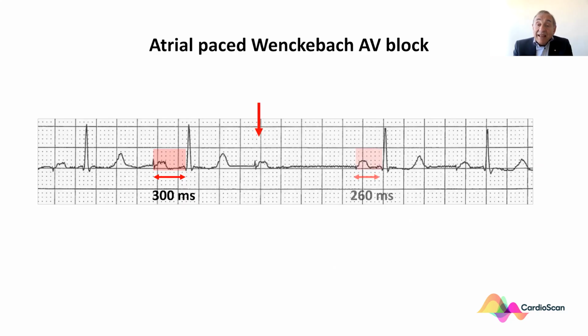We have the dropped beat, and then the next one is shorter at 260 milliseconds, which is a classic sequence, end of sequence and beginning of the next sequence of Wenckebach AV block. And this, of course, can occur with atrial pacing. The big concern here is that this patient is going to go into complete heart block. However, this can be physiologic, particularly overnight with the vagal influences, and therefore may not be as sinister as many people think.